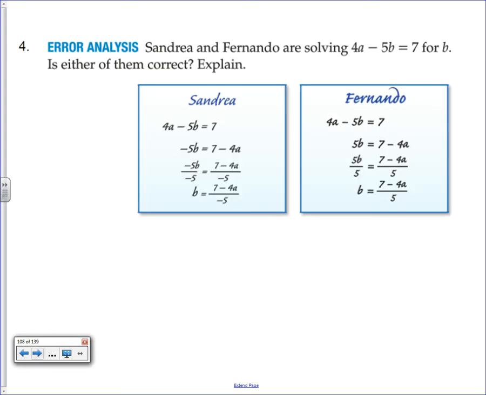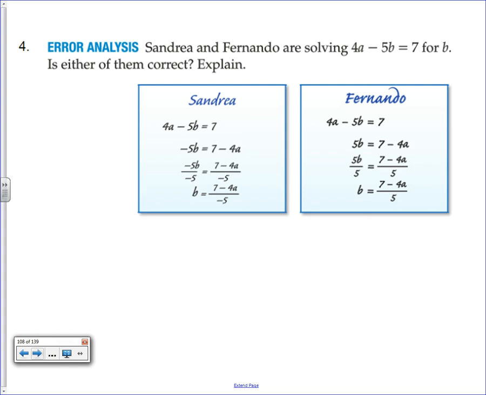All right, I would like you to take a look at both of these problems, and I want you to tell me who is correct. Okay, who has properly solved for B? It looks like the only difference is the negative on that 5 in the denominator of the answer.